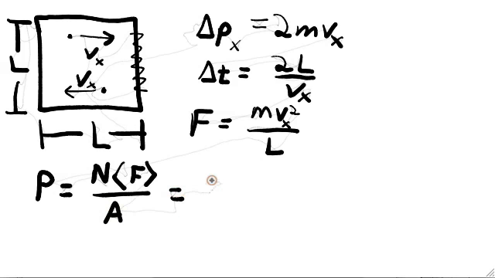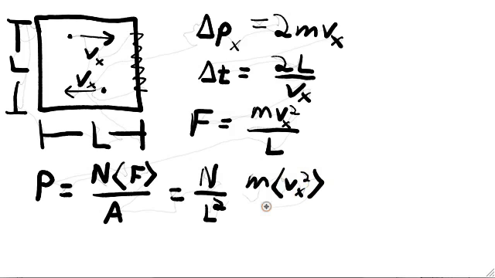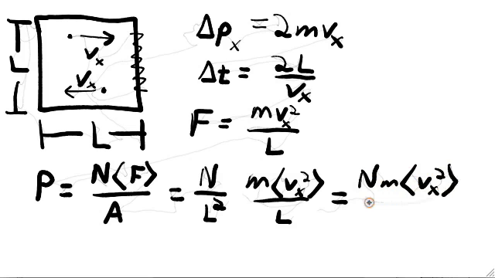The area of the wall is just L squared, and the average force per molecule is just the molecular mass m, which is the same for all the molecules, times the average of vx squared, again denoted by angle brackets, divided by L. Multiplying these two factors together, we notice that the denominator is just L cubed, which is nothing but the volume of the box, and so we will replace L cubed by V for volume.